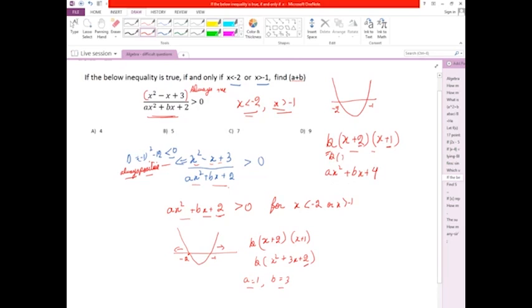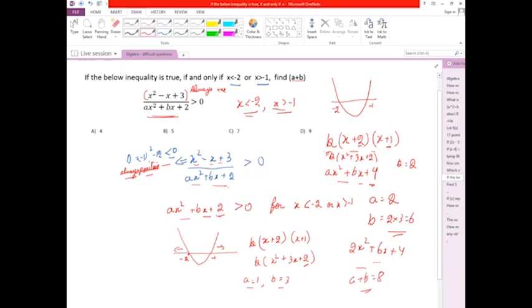Because then this expression becomes x square plus 3x plus 2, so now we notice that the constant here is 2k and the provided constant to us is 4. So k is equal to 2, in which case a would have been equal to 2 and b would have been equal to 2 into 3 equal to 6. And the expression would have been 2x square plus 6x plus 4. In that case, a plus b would have been equal to 8.